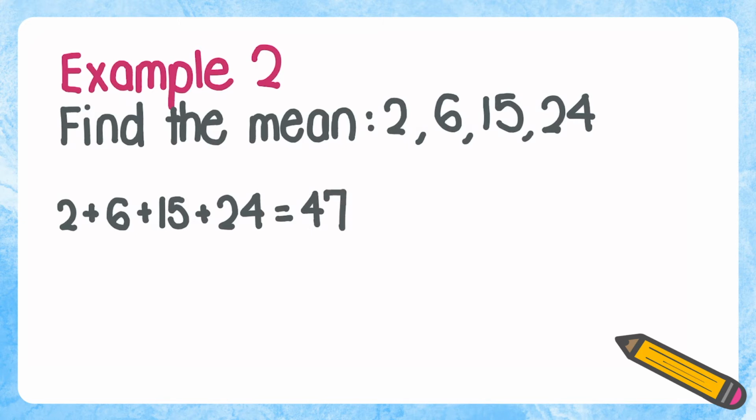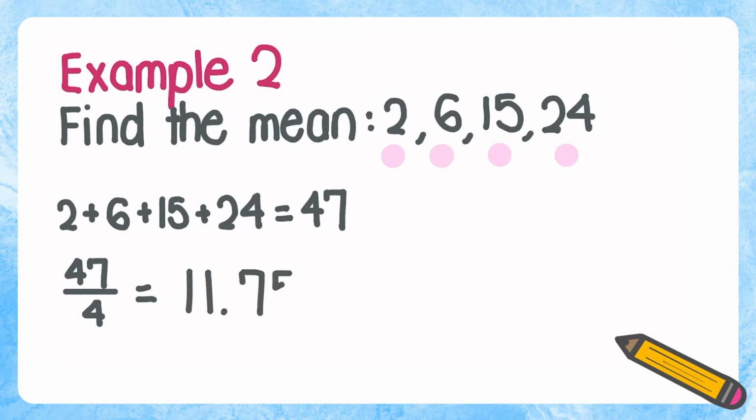So our total sum is 47. And since we have 4 numbers in the data set, we're going to do 47 divided by 4, and that equals 11.75. So the average or the mean of this data set is 11.75.